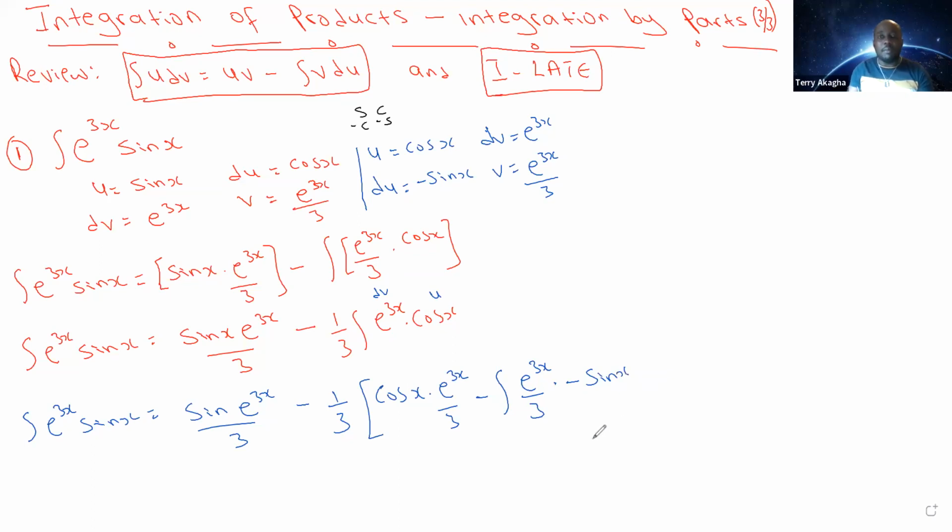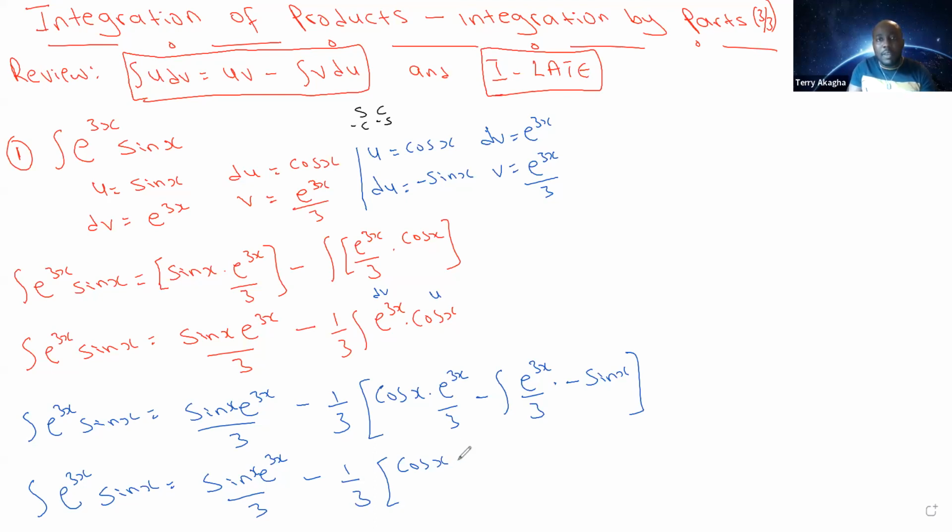Are you seeing something here? So if you now continue, it will now be the integral of e^(3x) sin x is equal to sin x e^(3x) divided by 3 minus 1/3 into, we can now say this is going to be cos x, oh sorry, this is sin x here, and this is sin x here, all right?